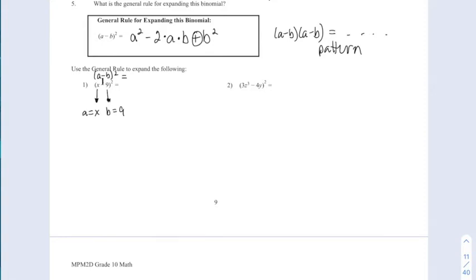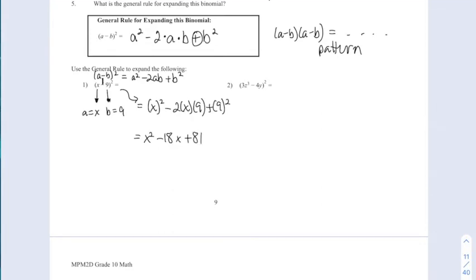So I'm not going to include negative in my b value. My b value is in fact just 9. So if I want to use the pattern here, I know it's a squared minus 2ab plus b squared. So I'm going to get x squared minus 2x9 plus 9 squared. So that's x squared minus 18x plus 81.